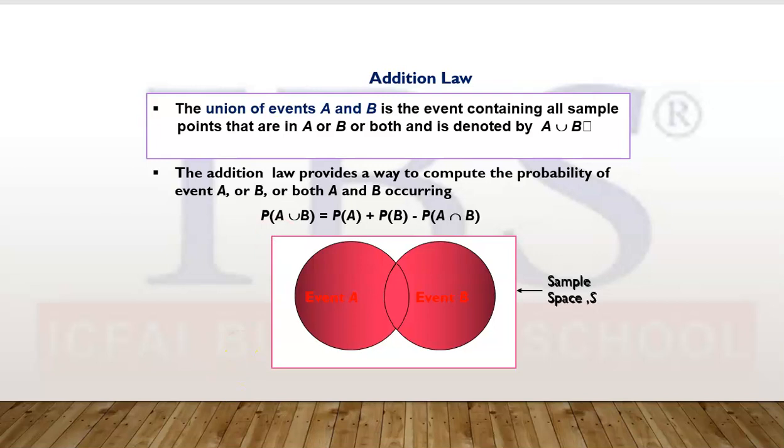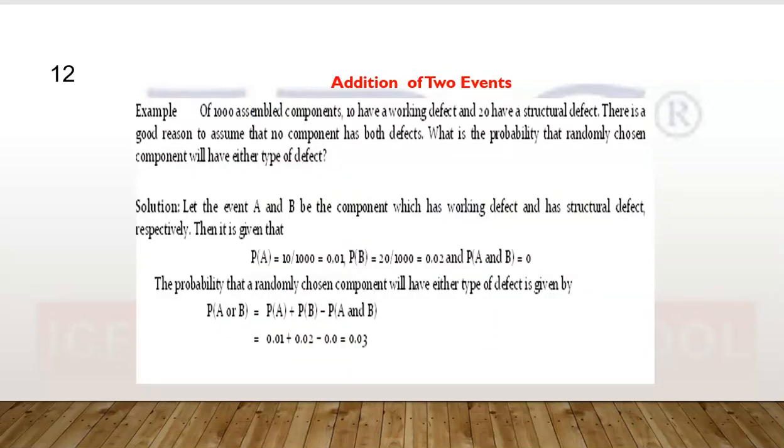Moving further. Now this is an example which is shown here. You can see there are 1000 assembled parts, and we first find the probability of A and the probability of B. There is a good reason to assume that no component has both defects.